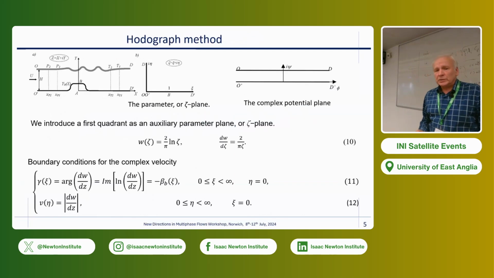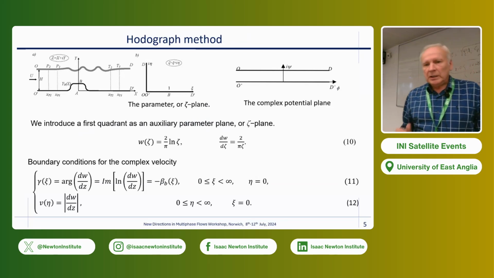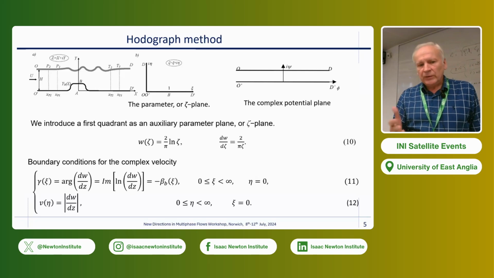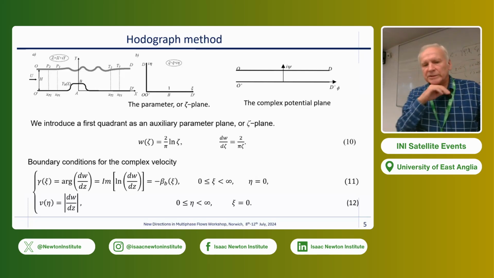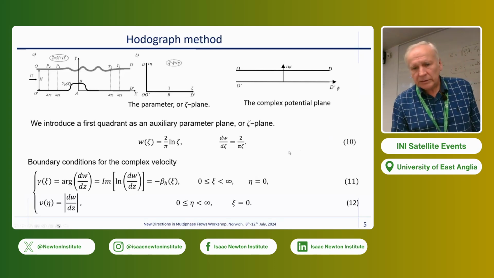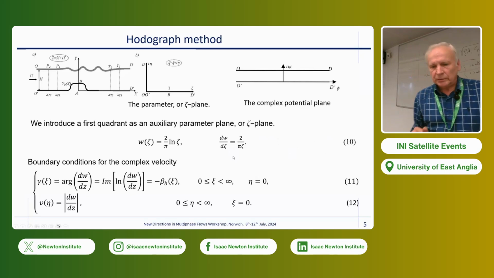We choose first quadrant as a parameter region, and complex potential plane represents just a strip. It's very simple, and we immediately can find function W of Z, complex potential. It is logarithm, and its derivative also easily obtained.